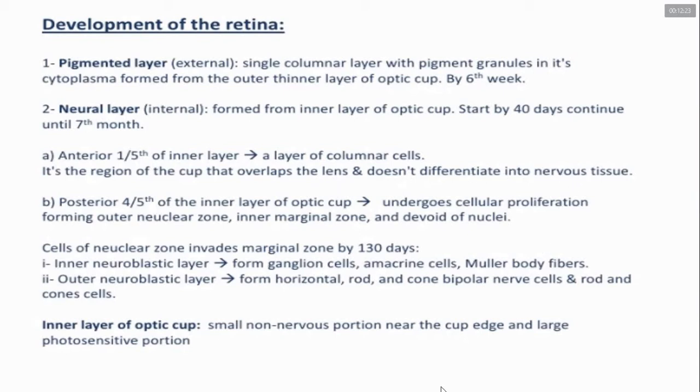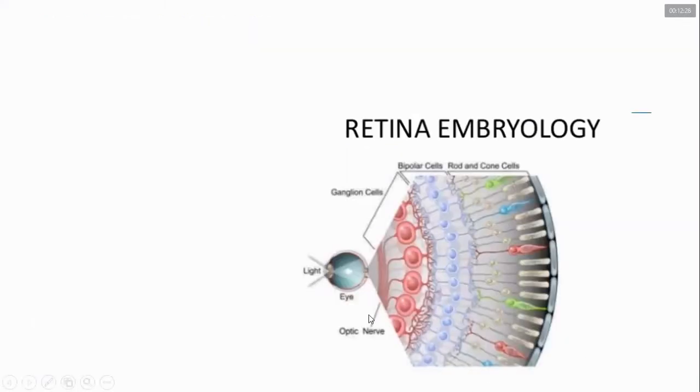So anteriorly, these cells do not differentiate into neural tissues, whereas the retinal pigment epithelium continues over here through the iris, whereas the neurosensory retina ends over here. So it is one of the landmarks, and it is also said that it is the point for the ora serrata.